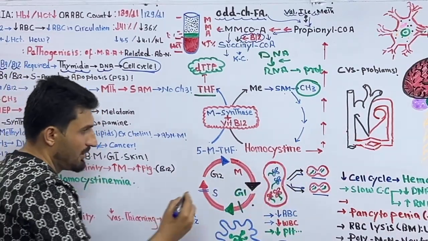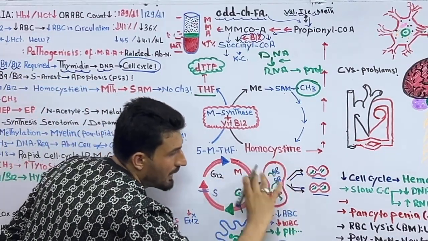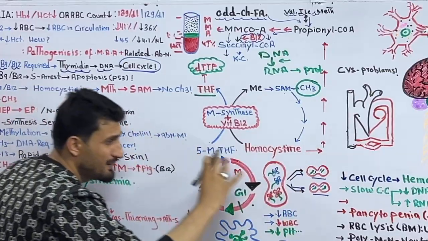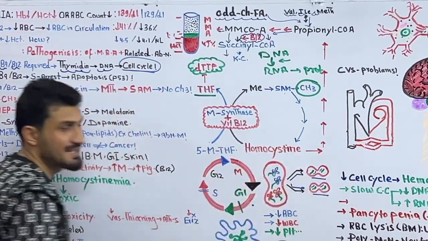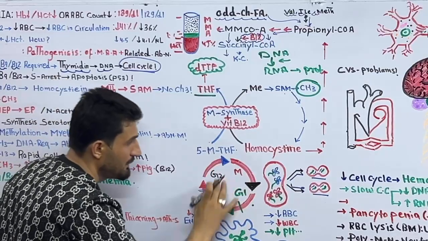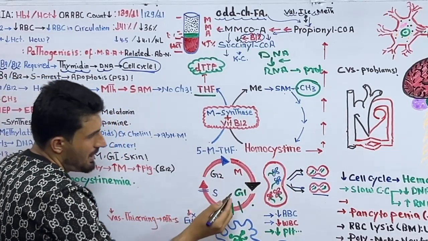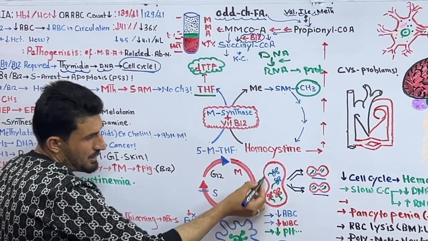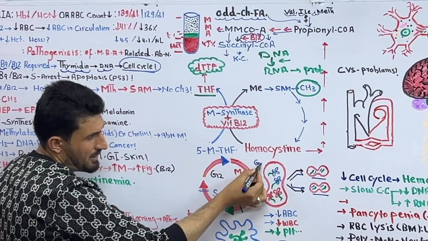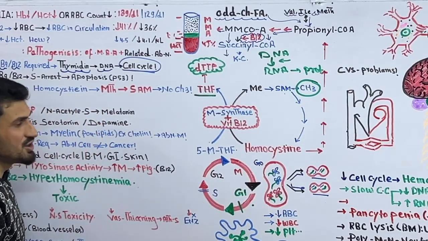Now we will go through different phases, and collectively all these phases are studied under the title of cell cycle. For example, when I'm in rest, this is called G0 phase.